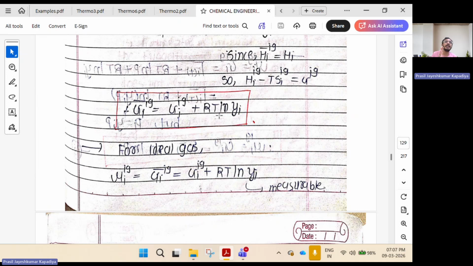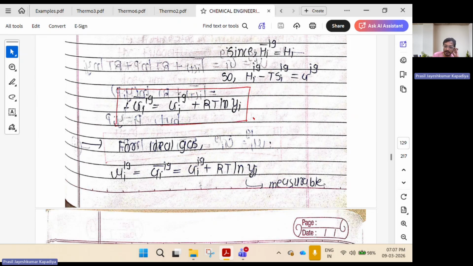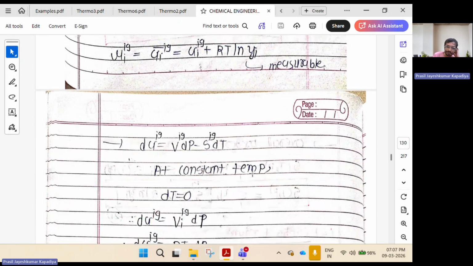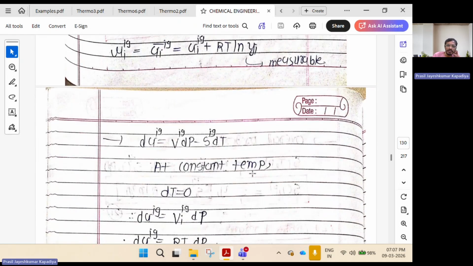But we know what Gi bar ideal gas is: it is the partial derivative of G with respect to Ni at T, P and Nj, not equal to i. That same term is also equal to the chemical potential. So this is directly giving me the chemical potential: mu_i ideal gas is equal to Gi ideal gas plus RT ln yi. Now, we have developed the relation dG ideal gas is equal to V dP minus S dT. We were dealing with constant temperature, so the second term is going to be zero.